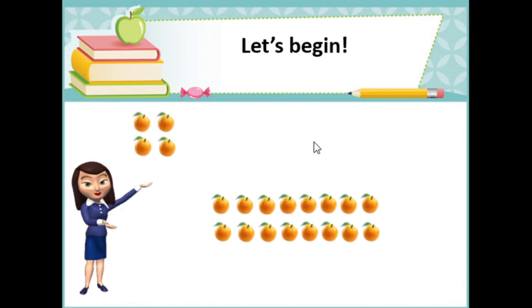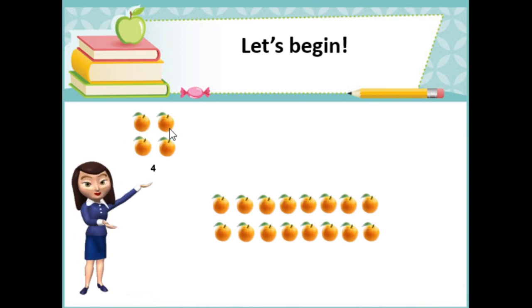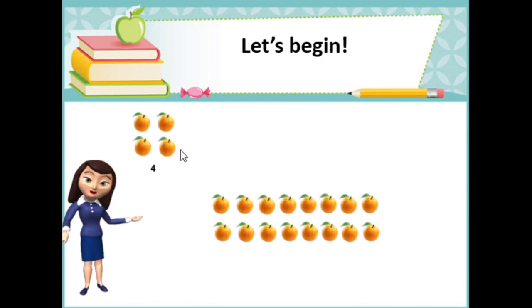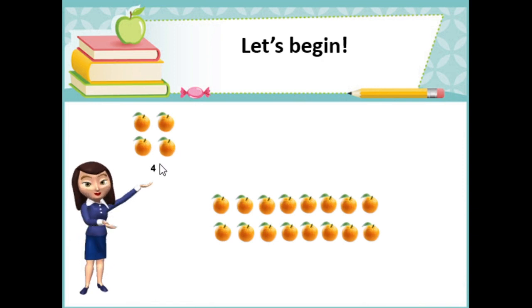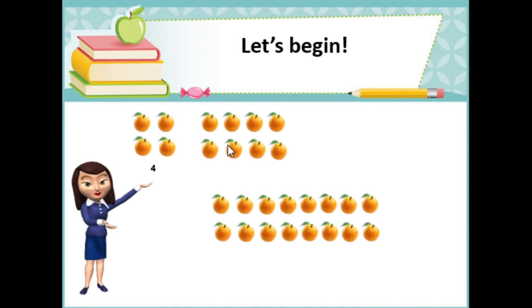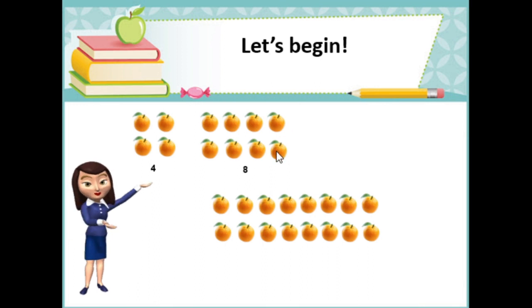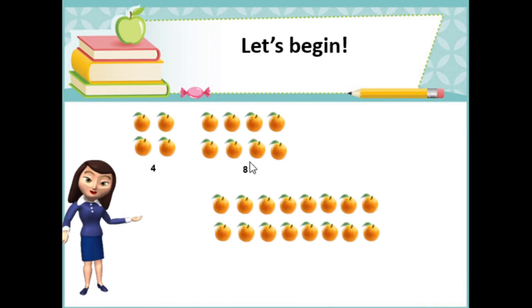Now, since we know the parts, let's begin our topic. If you can see this picture, let's count together. 1, 2, 3, 4. There are 4 oranges. How about this? Let's count. 1, 2, 3, 4, 5, 6, 7, 8. There are 8 oranges.